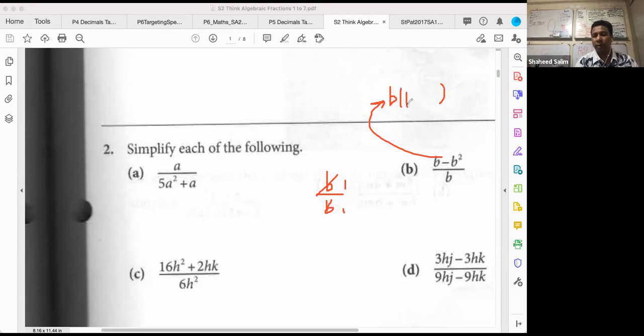B times 1. B times what equals B squared? B. B times B get B squared. Then over, now you can do, see? You cancel the B. You get 1 here, 1 here. So what you get is 1 minus B. That's your answer.